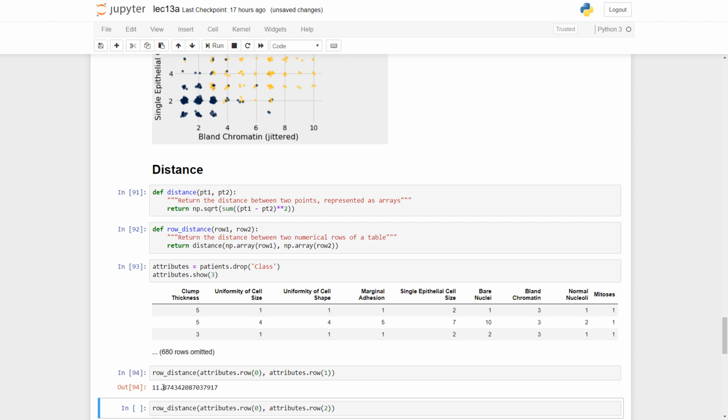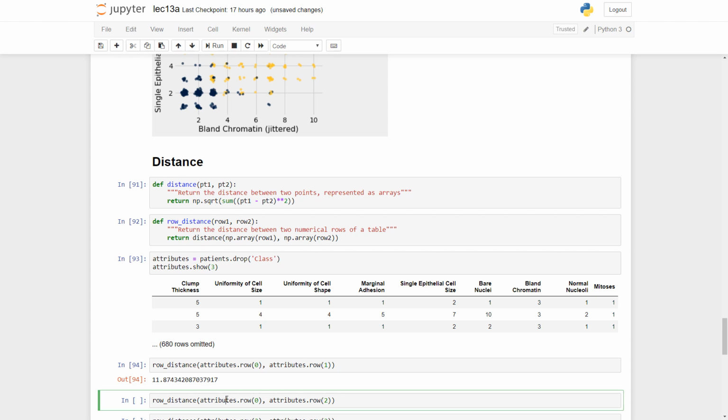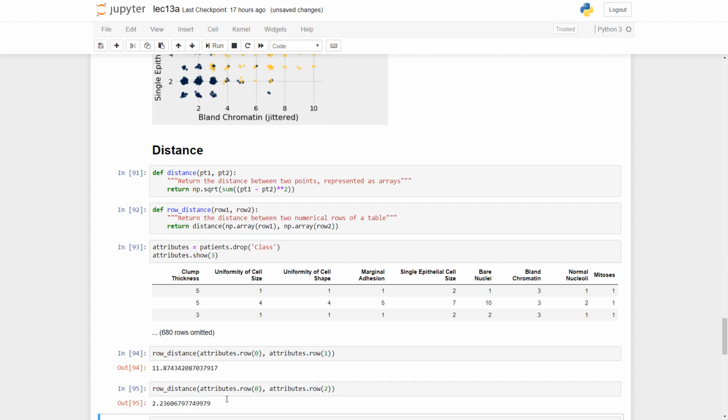It seems like these two examples are not that similar because the distance here is not very small. Let's try the distance between 0 and 2. We'll see that it is 2.23, so these two examples are more similar than the previous two. Actually example 2 is more similar to 0 than example 1, because the distance between example 2 and 0 is smaller than the distance between example 1 and 0.